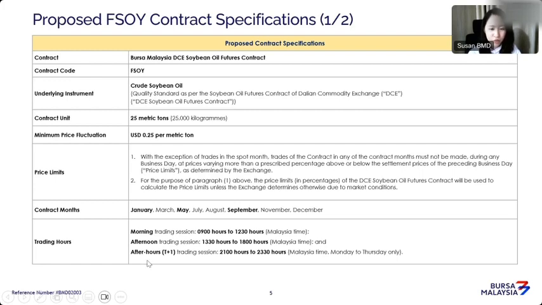Furthermore, the after-hours trading, which is the night trading hours, is also slightly longer than DCE's contract, which is from 9 to 11:30. DCE's market stops at 11 o'clock at night. So these are some points to take note of.